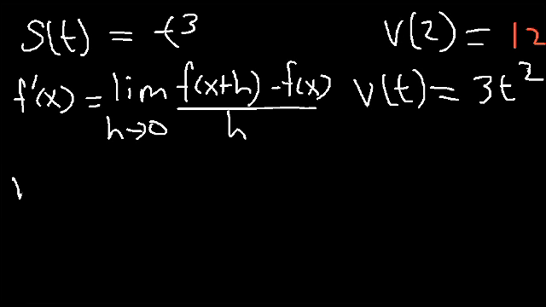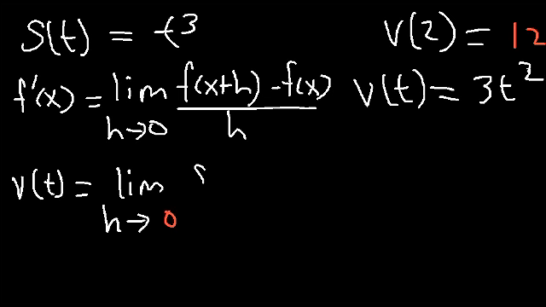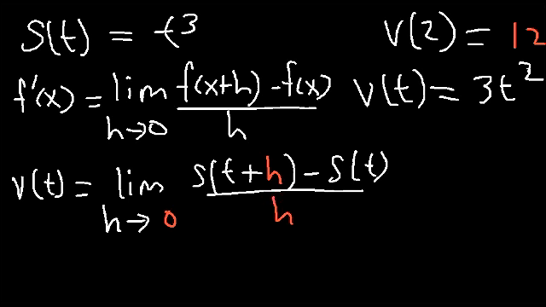So in this case, the velocity, which is the derivative of the position function, that's s prime of t, is going to be equal to the limit as h approaches 0 of s of t plus h minus s of t, divided by h.